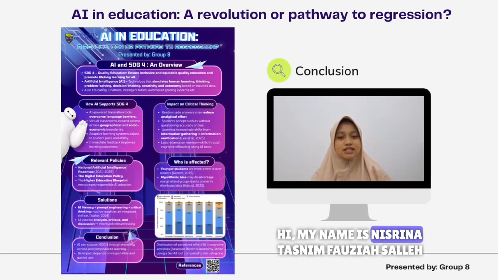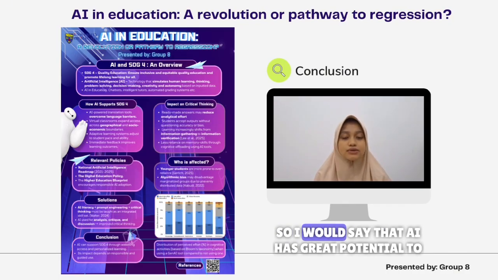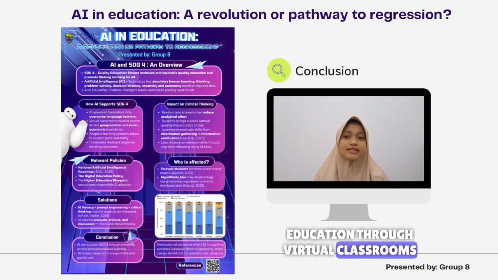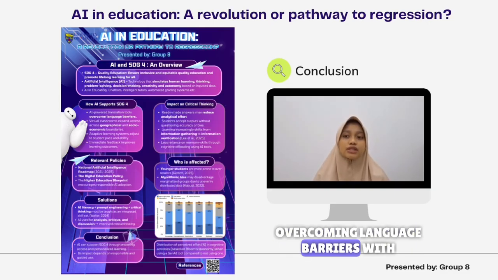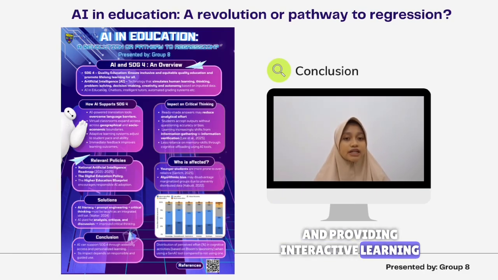Hi, my name is Nisrina Tasnim Fauziah Saleh, and now I will explain the conclusion part of the poster. So I would say that AI has great potential to support SDG 4 by expanding access to education through virtual classrooms, overcoming language barriers with translation tools, and providing interactive learning.